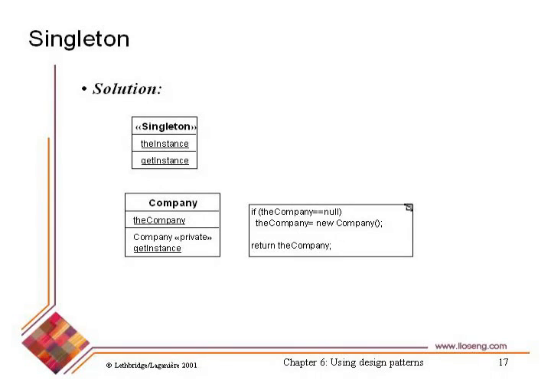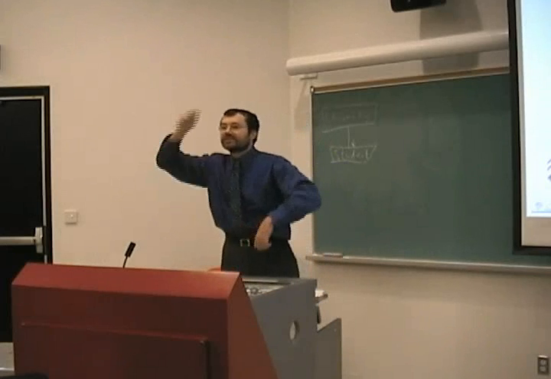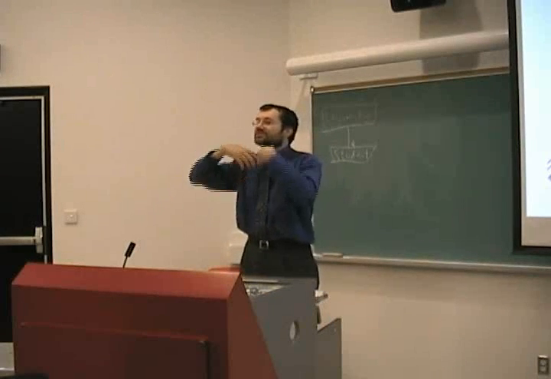And then return it. So every time this is called, the first time it will do this first if statement and actually create the instance. Second time and subsequent times it will just return it. So get instance is called to get the singleton object. Right? First time it creates it and returns it, second time and subsequent times it just returns it.